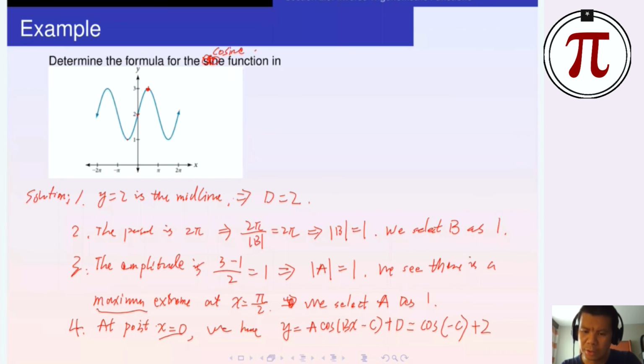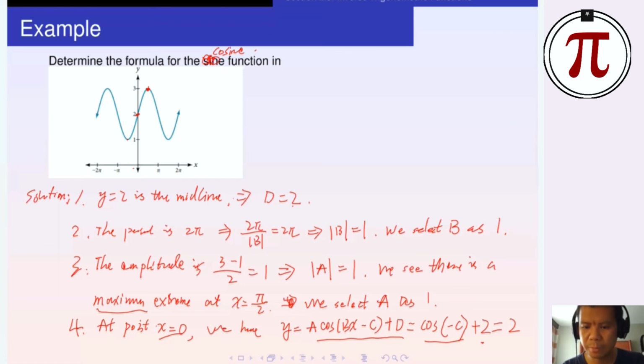So cosine negative c plus 2 equals 2, right? So at point 0, the value of the function equals 2. So y of 0 is cosine negative c plus 2, because d equals 2 and b equals 1.